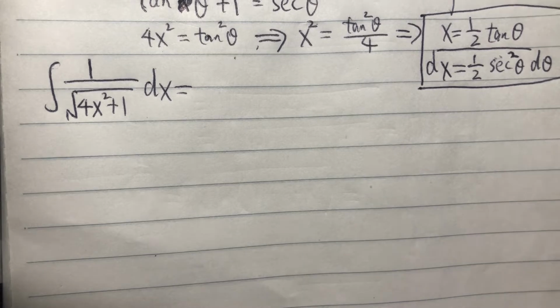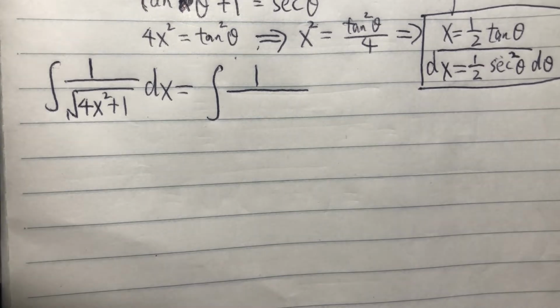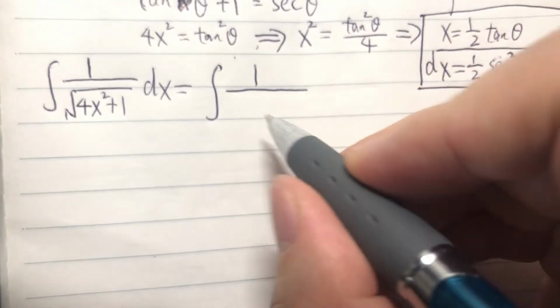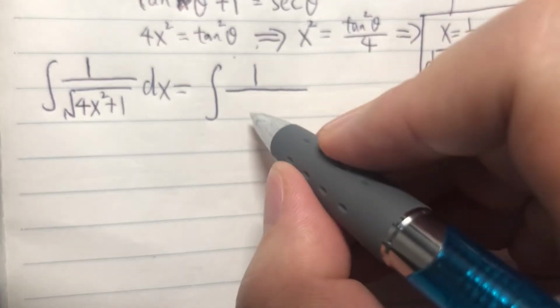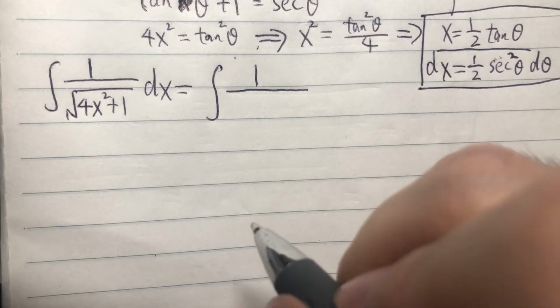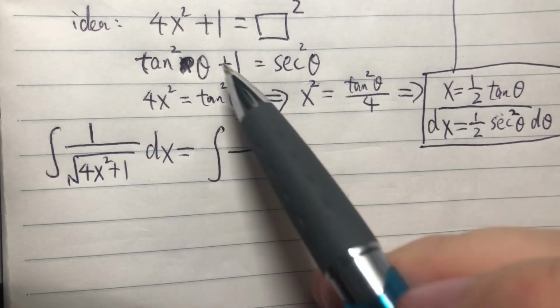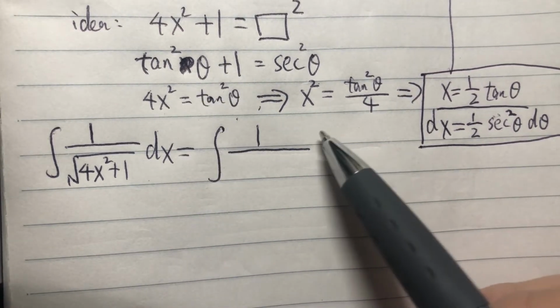Okay, we plug in. So it's the integral of 1 over this thing. Okay, this one is... okay. So this is our trig substitution, right?